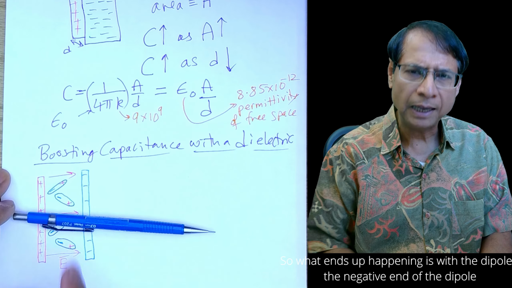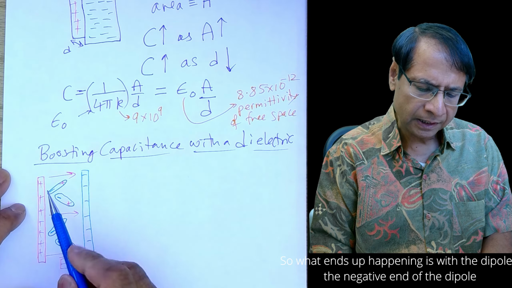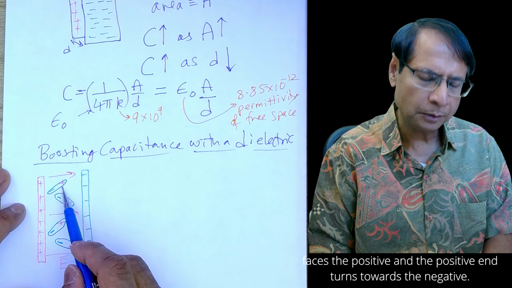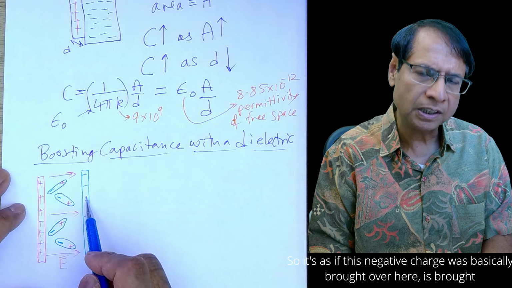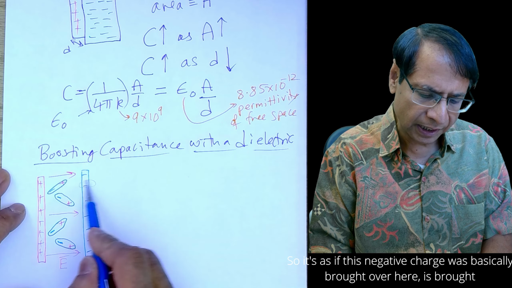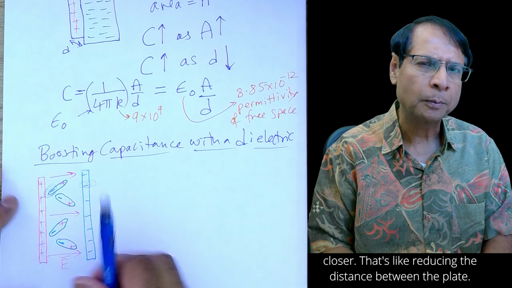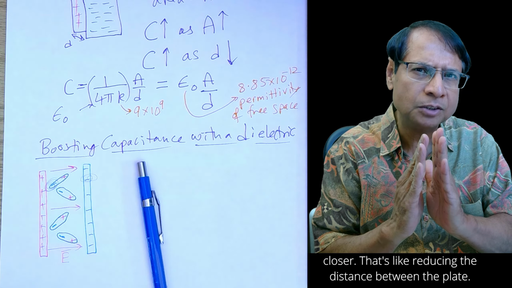So what ends up happening is with the dipoles, the negative end of the dipole faces the positive, and the positive end turns towards the negative. So it's as if this negative charge was brought over here, closer. That's like reducing the distance between the plates.